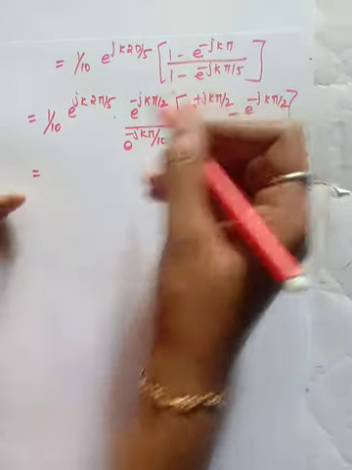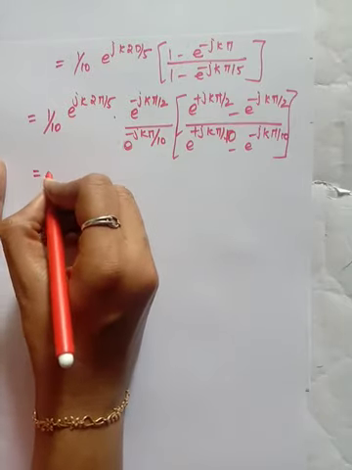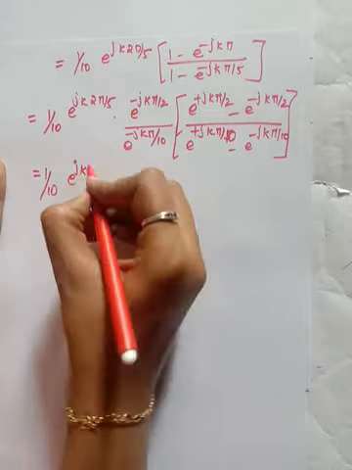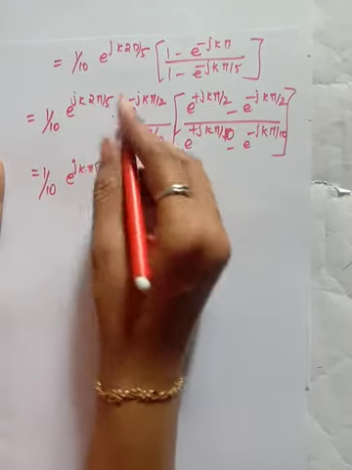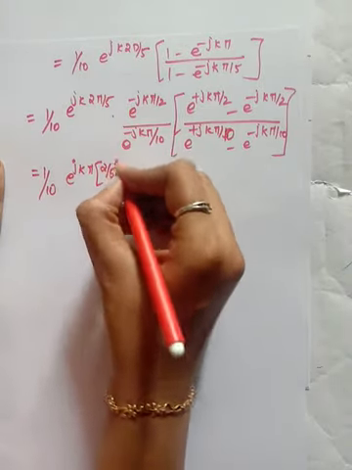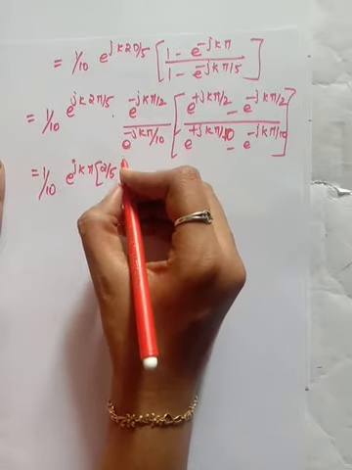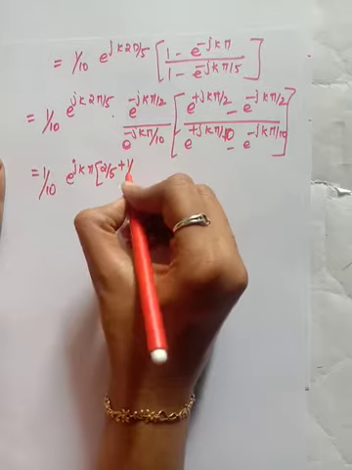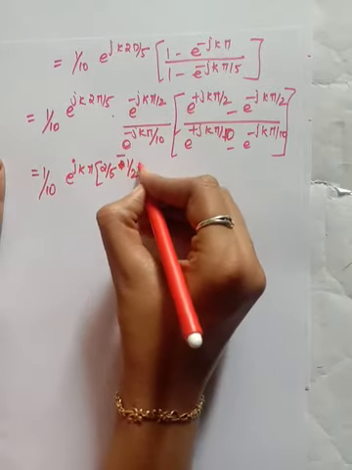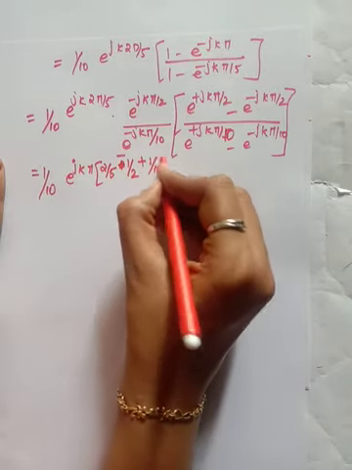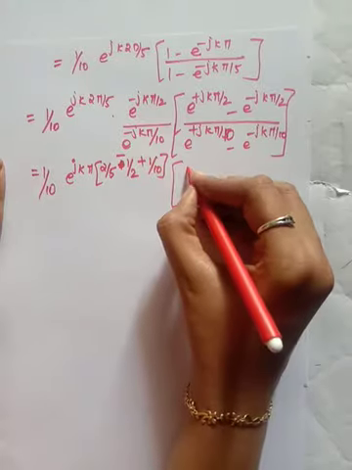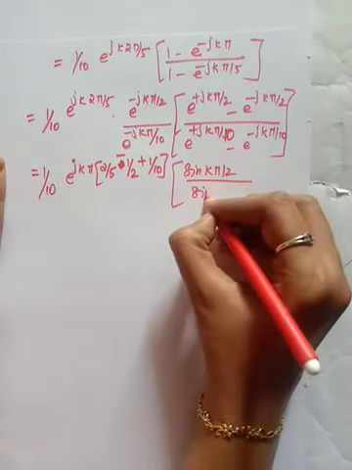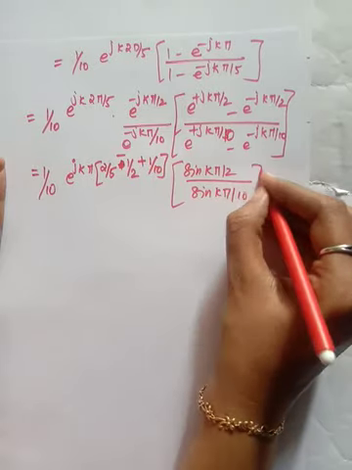Taking one outside, this can be written as 1/10 e^(jkπ) is already there, so combine all these terms. All are having the π term: 2/5, here it is minus 1/2, plus 1/10. This term can be written as sin(kπ/2) divided by sin(kπ/10).